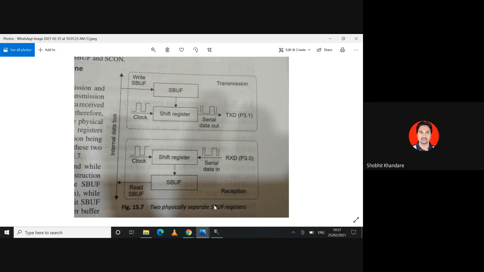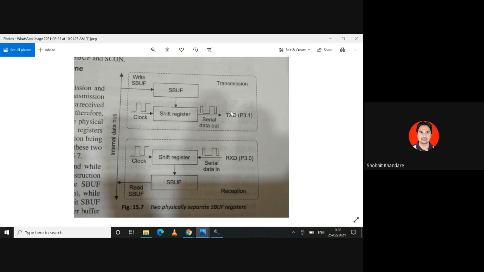All of you pay attention on the screen now. Do not write anything and just understand the concept of SBUF. The size of SBUF is 8 bits. One will be for transmission, the dotted block marked for transmission, and this other dotted block is for reception.